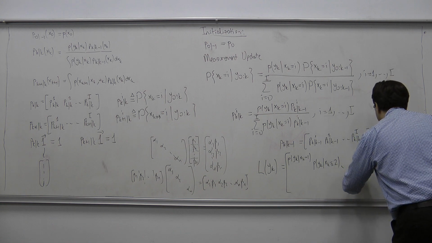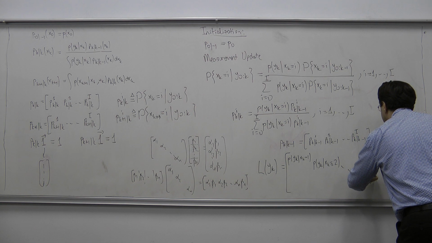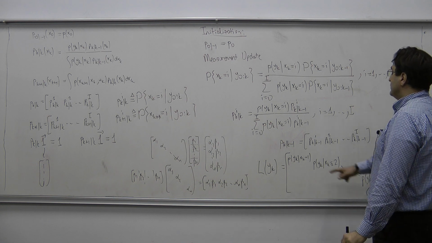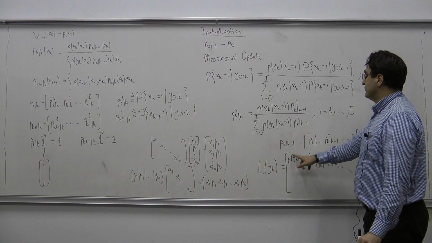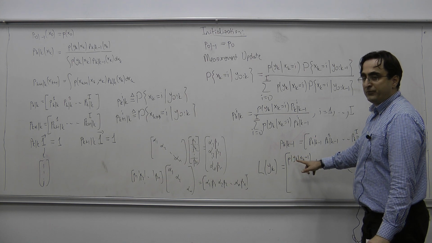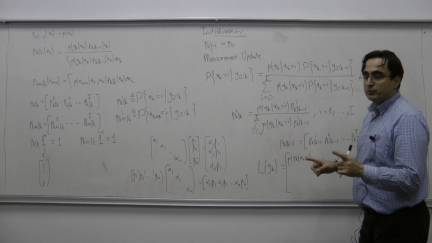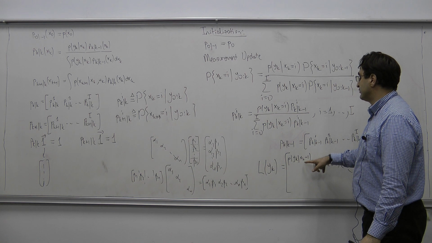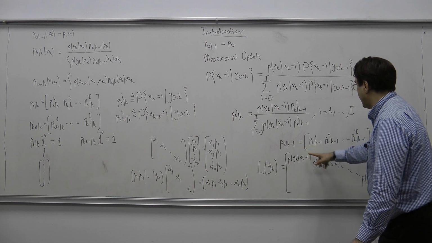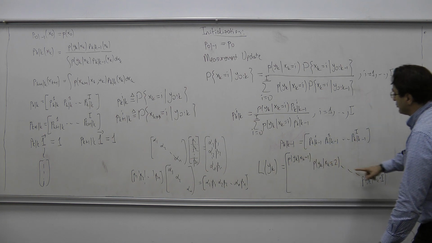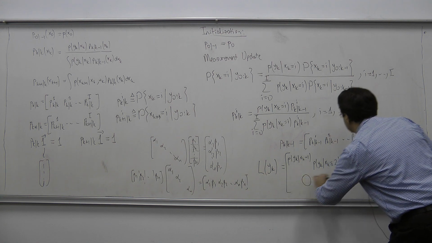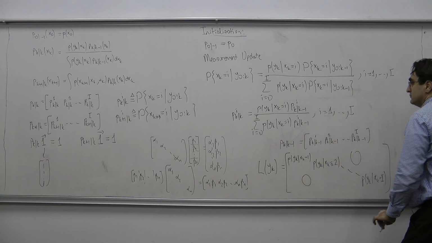So I look at the likelihood function, fixing the argument at the output we measure, and then I'm looking at the likelihood function as a function of different x_k's. And I fill those values into the diagonal elements of a matrix, and I would put 0 everywhere else. Okay?